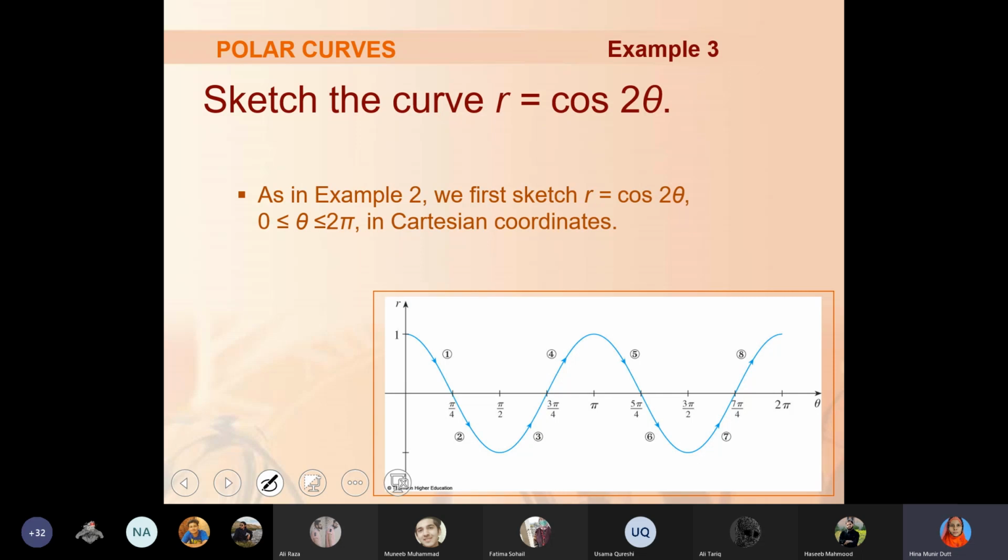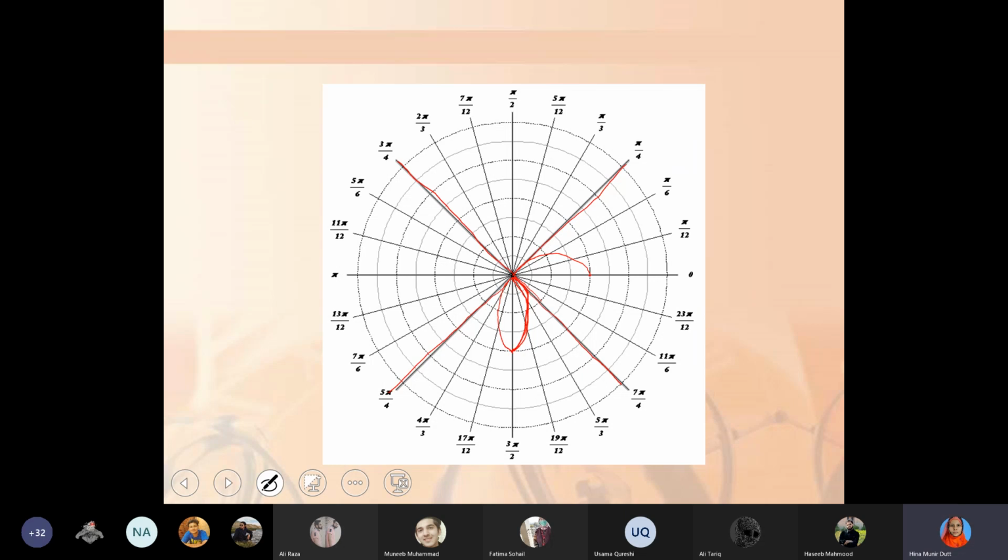After this, from 3 π/4 to π, the value of r is increasing, positive from 0 to 1. 3 π/4 is here, and r is going from 0 to 1 in this direction.